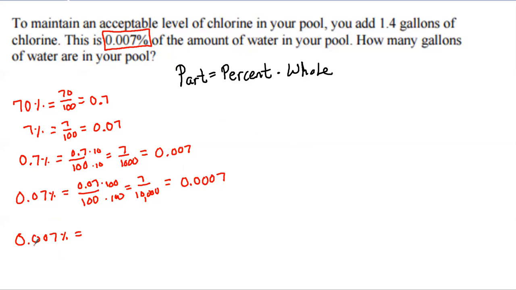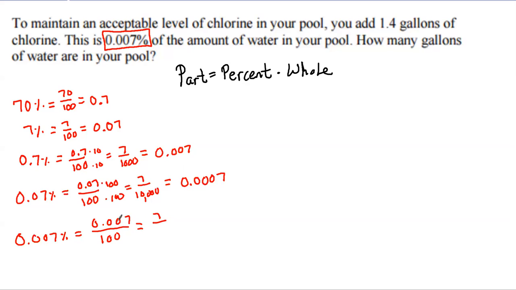So anyway, just to finish this up, 0.007%, that literally means 0.007, that's just this number right here, out of 100. Percent once again means out of 100. And last time it was 7/10,000ths. We're going to have to multiply the top and the bottom by 1,000 to move this decimal 3 places to the right.